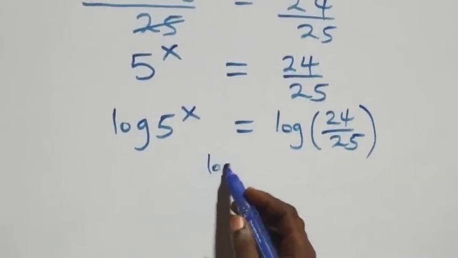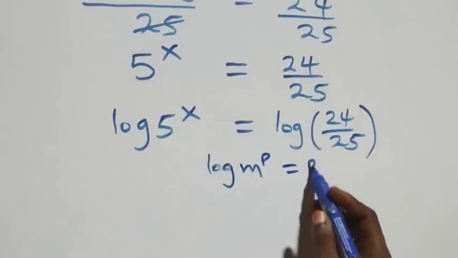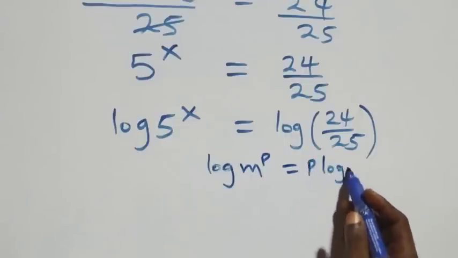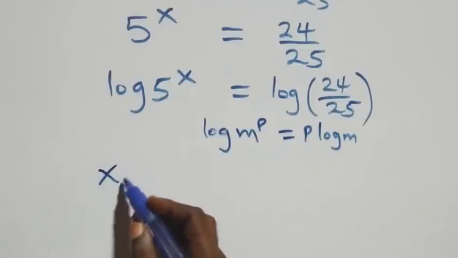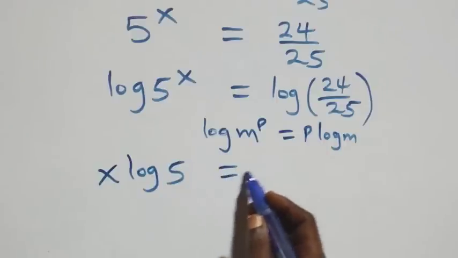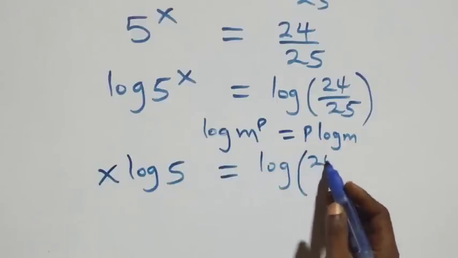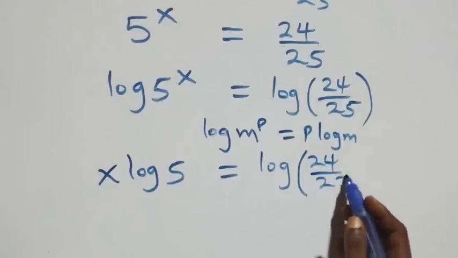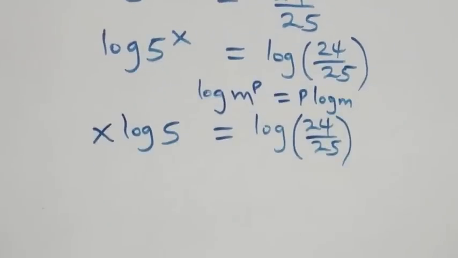When we have log m raised to power p, this is the same thing as p log m. That is, what we have here becomes x log 5 equals log 24 over 25. Then from here, we divide both sides by log 5.